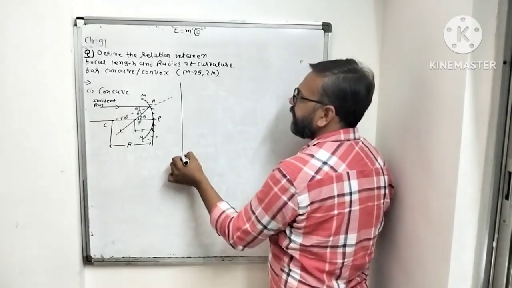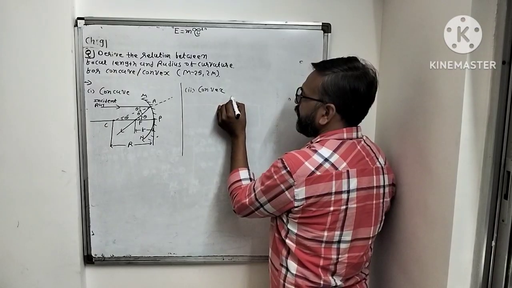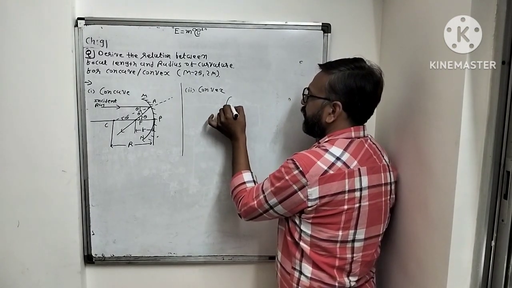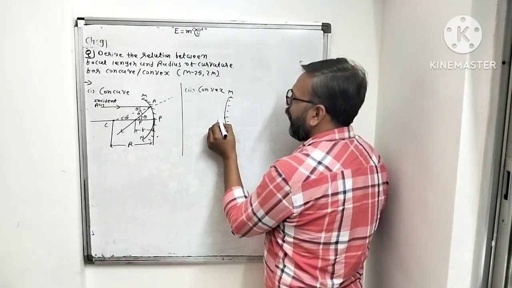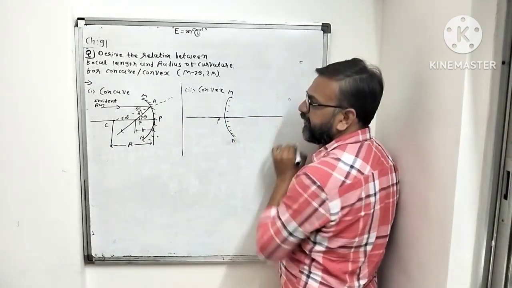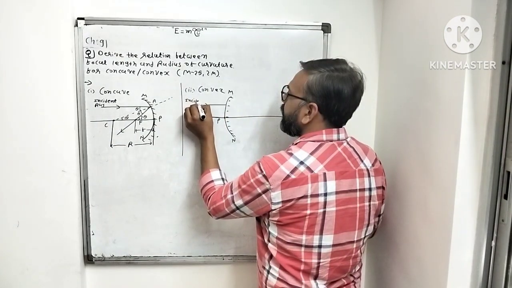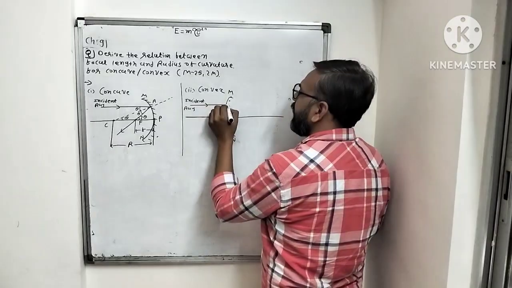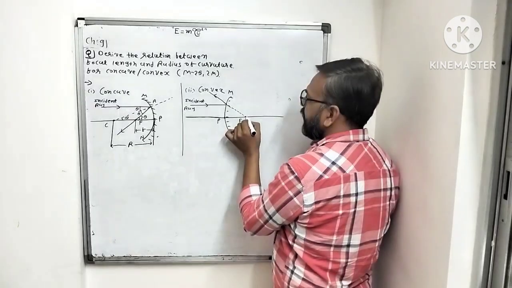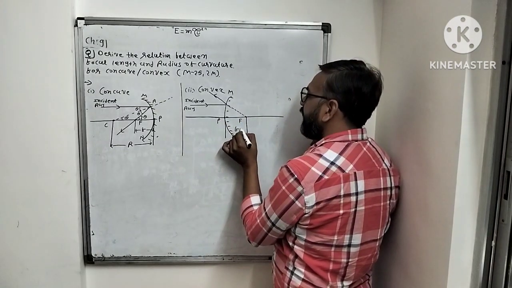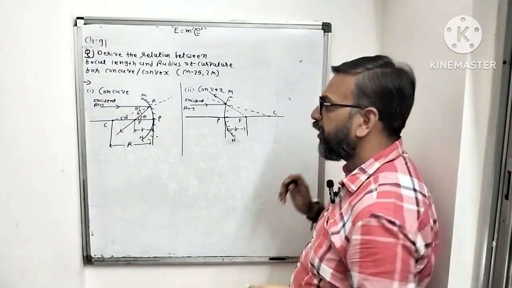Now we draw for convex. MN, midpoint pole, principal axis, incident ray, which diverges, and if we extend it in the back direction, it intersects at a point F, which is the focus. The normal drawn to the surface intersects at a point C, which is known as the center of curvature.